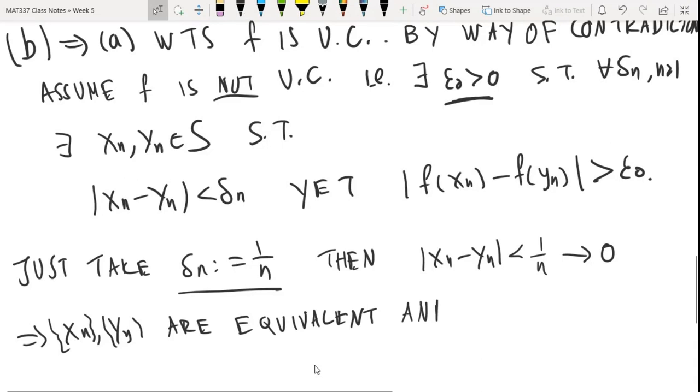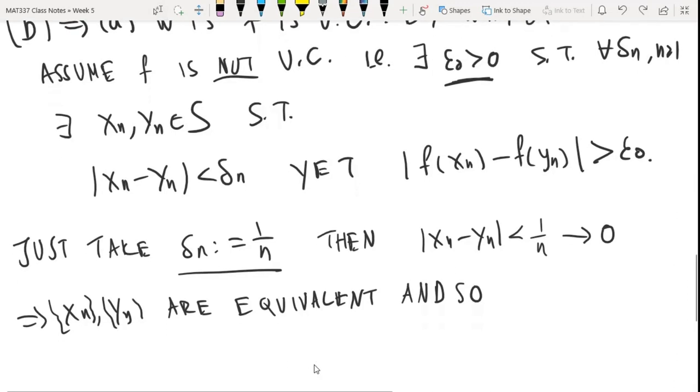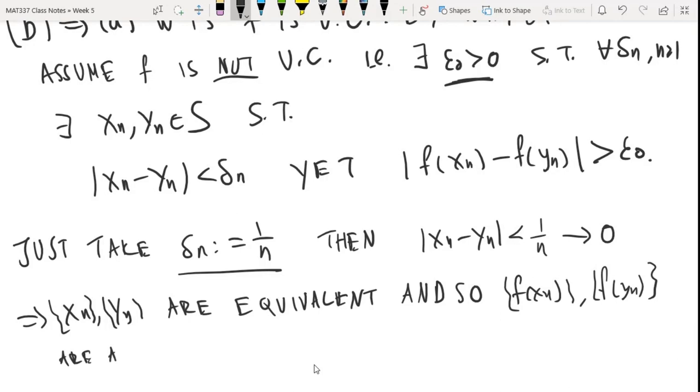And so f of xn, f of yn are also equivalent. Okay.